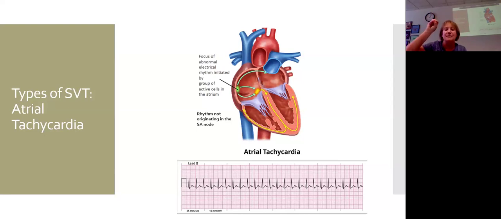It's coming from a focus of ectopic active cells somewhere else in the atrium that are saying boom, boom, boom, creating this atrial tachycardia. An atrial tachycardia, which is a type of SVT, is like what this picture shows: just an irritable area in the atrium with these active cells.